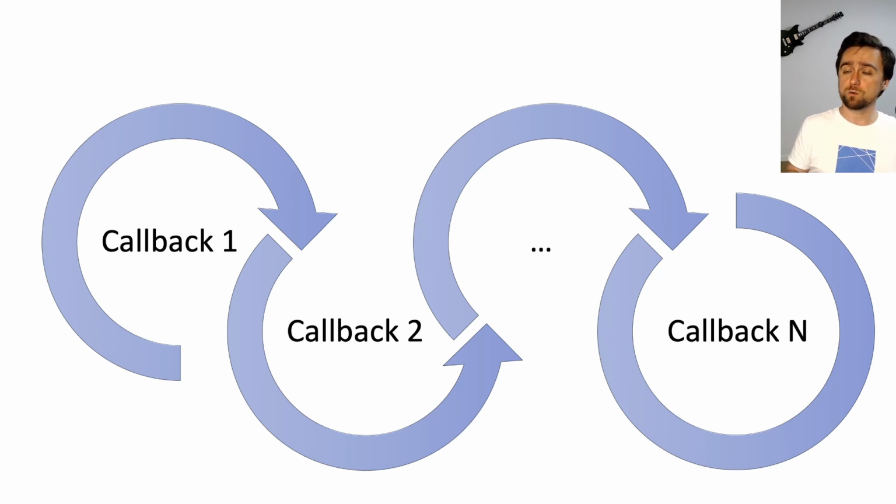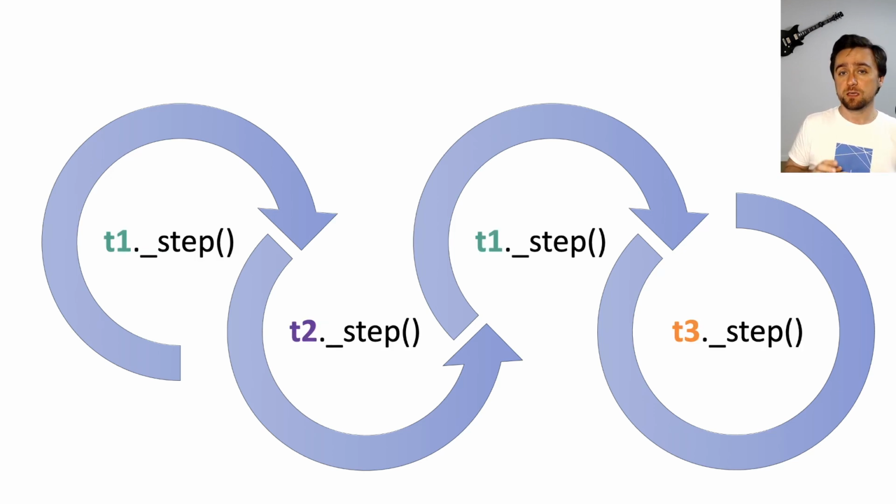So really what we will see is something like this. If there are many tasks, so many coroutines executing in the system, they will each have their steps executed one by one. In this particular example, the first execution of T1 underscore step scheduled itself back on the event loop. But before that happened, T2's underscore step was already scheduled.